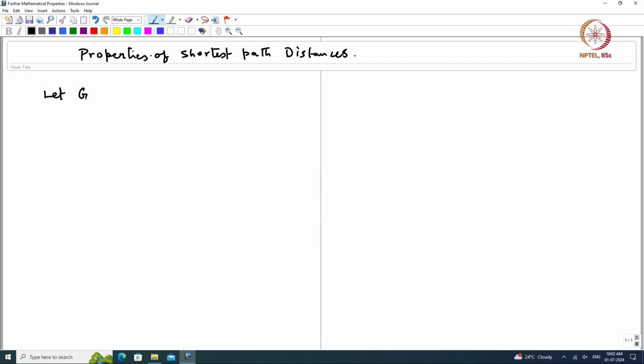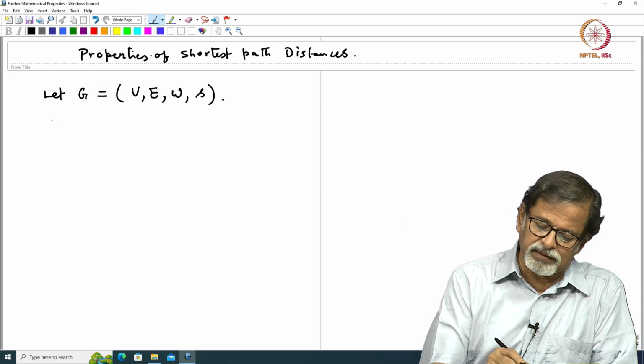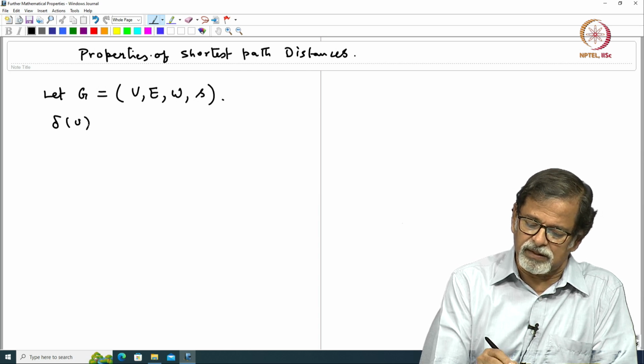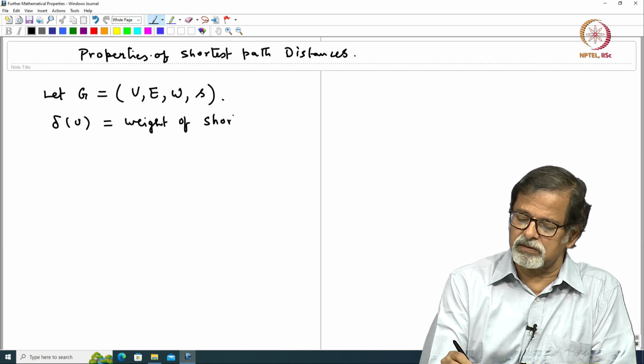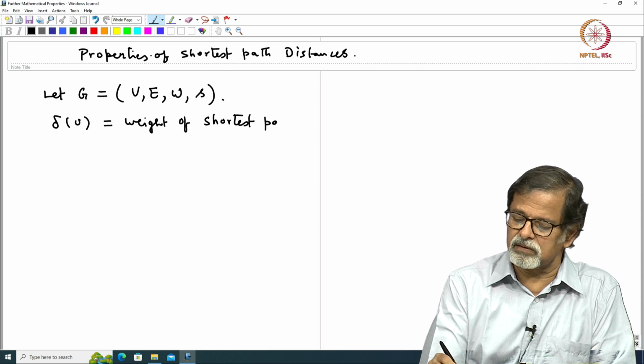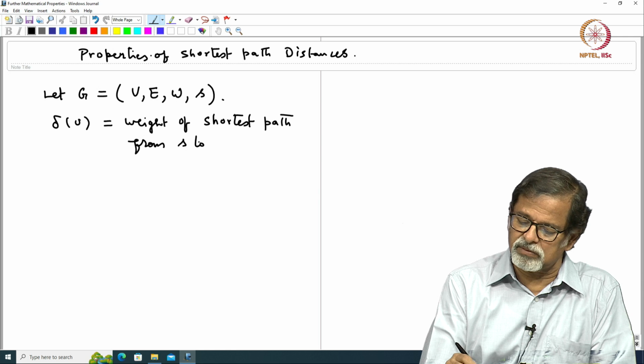Let G be a graph with vertex set V, edge set E, weight function W and a source vertex S. Let us assume that this is an instance of a single source shortest path problem, and let delta V be the weight of the shortest path from S to V.